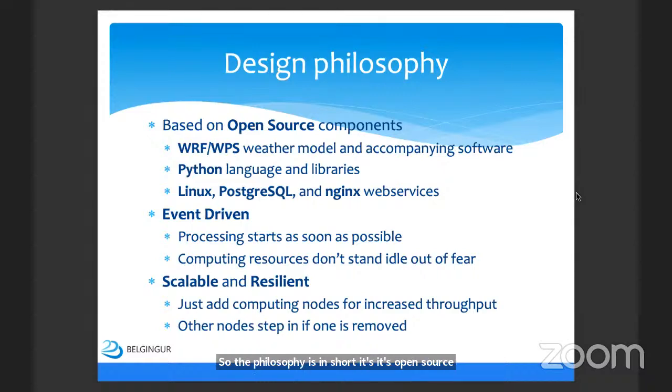Basically open source tools, we found them to be of sufficient quality. And this also frees us from the risk of vendor lock-in and of having to pay fees for software libraries that we have very little control over. And this in turn has led to a quite resilient and scalable system, this philosophy of design.